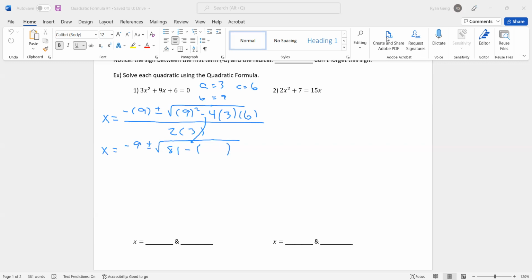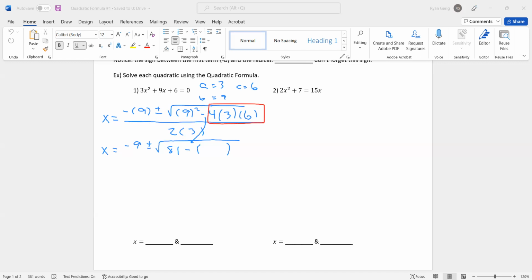Great, that's fine and dandy, but what I'm really looking at is I've already written the negative down in the second step. So that negative is not being looked at. I'm looking at this as a positive 4 times 3 times 6. I'm not looking at that as a negative 4 because I've already used the negative. That gets people all the time.